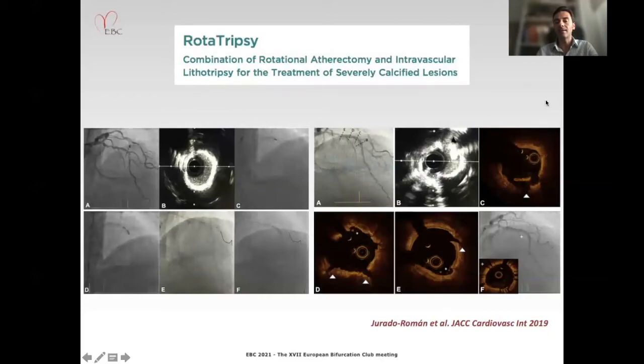So this is how we reflect this combination of effects, with intimal ablation of rotational atherectomy, as you can see here, and deep fractures of Shockwave.